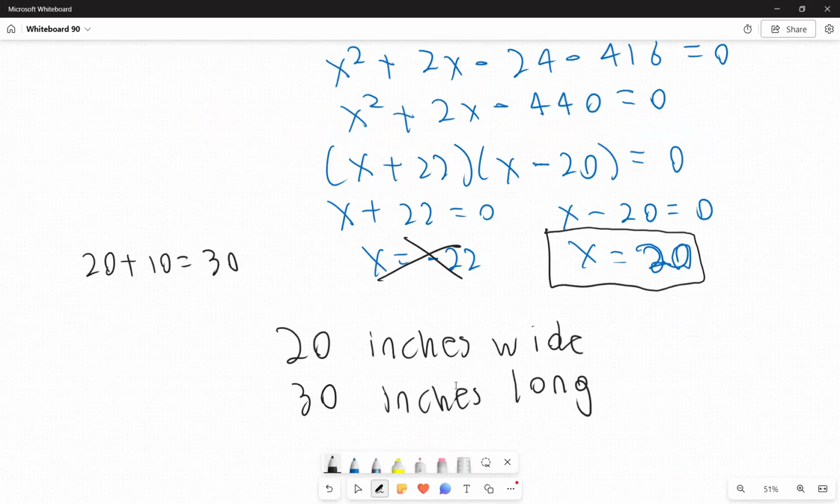Okay, so we have done one application with area and another application with volume. The next one is still geometry. We're going to do an application of the Pythagorean theorem. So I'll copy the statement. I'm copying the statement of the Pythagorean theorem, and I'll copy the example from the book.